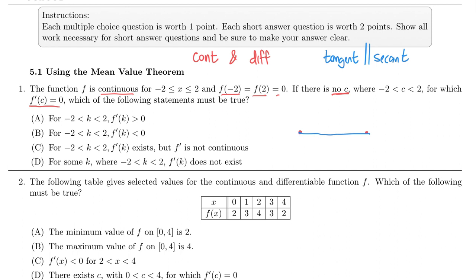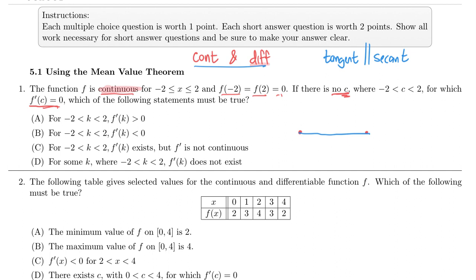Because if the mean value theorem was true, there'd be some c where this tangent line is parallel to that secant line. So the only reason the mean value theorem won't work is if we don't satisfy the initial conditions of the mean value theorem, which is to be continuous and differentiable. They tell us it's continuous, so that means at some point it has to be not differentiable.